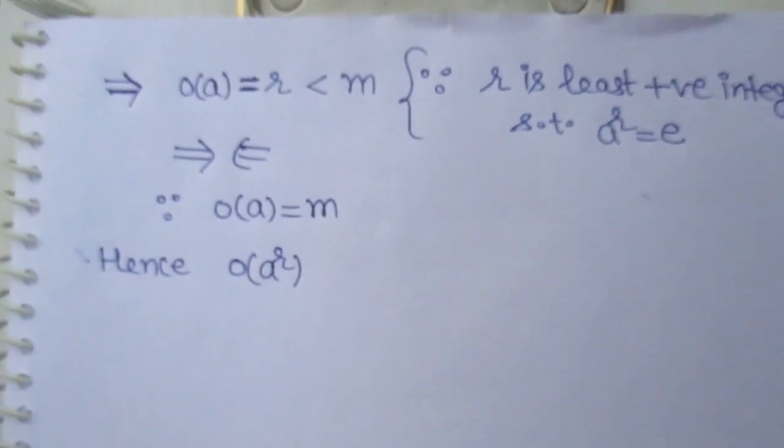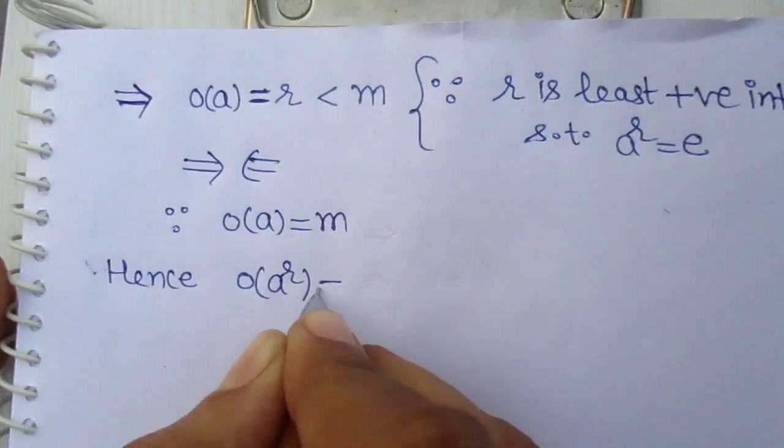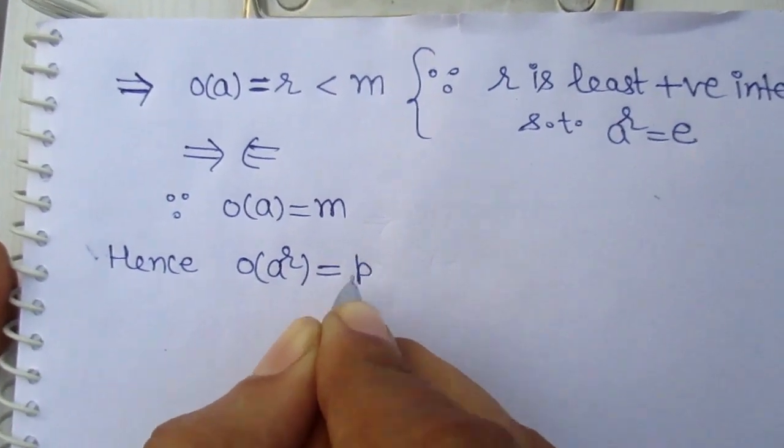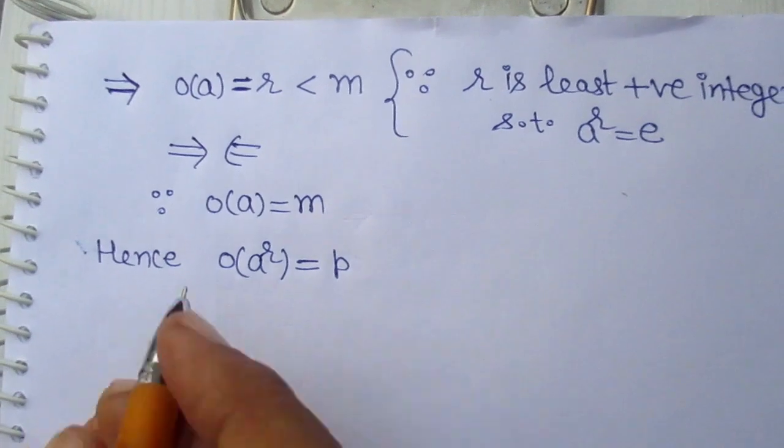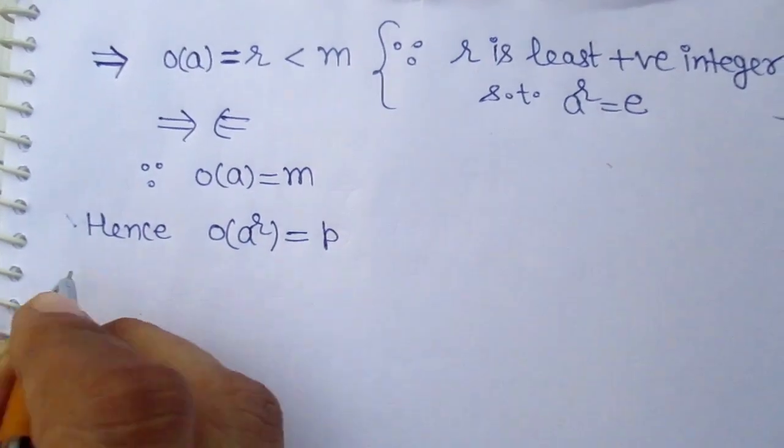Hence order of a raised to power r is equal to P. और ये हम ऑलरेडी डिस्कस कर चुके हैं कि अगर ऑर्डर ऑफ a raised to power r इज इक्वल टू P आ जाए तो ऑलरेडी डन.